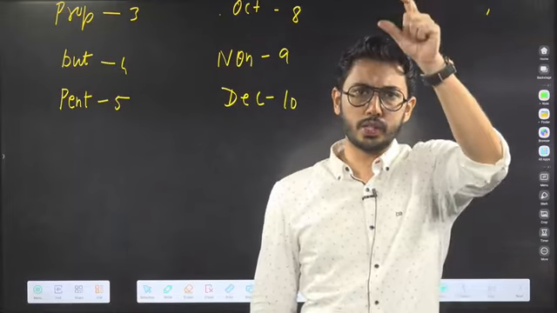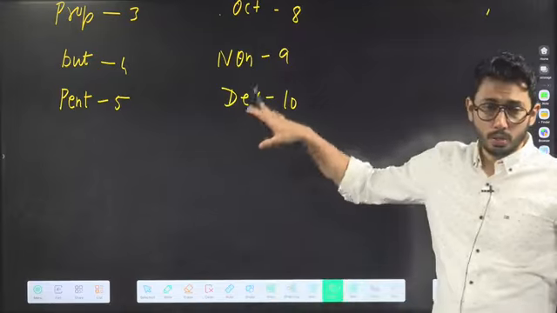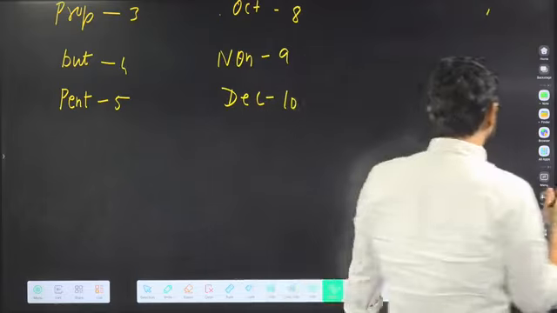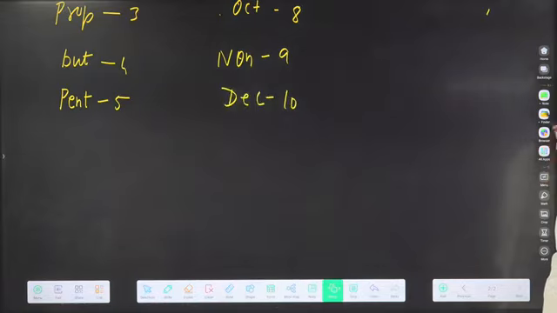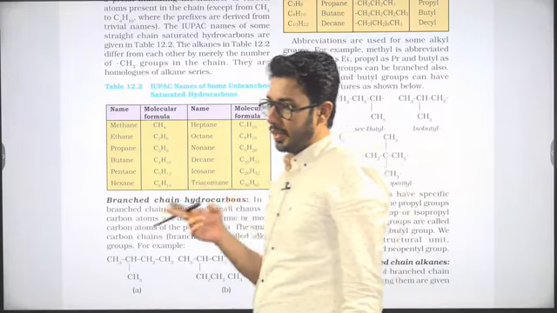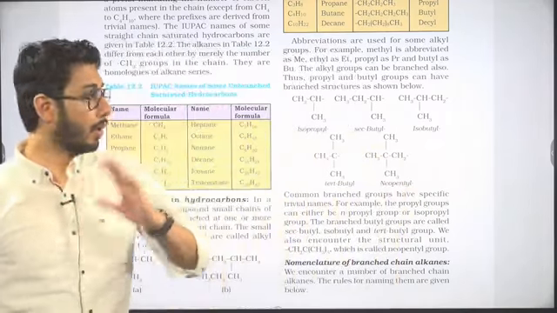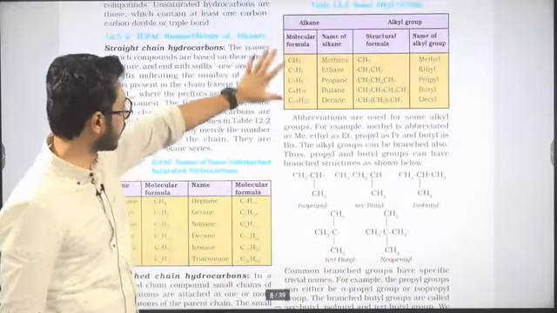I'm giving you an option. There is a list of the seniority order of functional groups that I will discuss with you first, or else I discuss the common naming like iso, neo, secondary, tertiary, etc. Which you want, it's up to you. Shall I discuss the suffixes, meaning seniority order, or shall I discuss this part of NCERT?